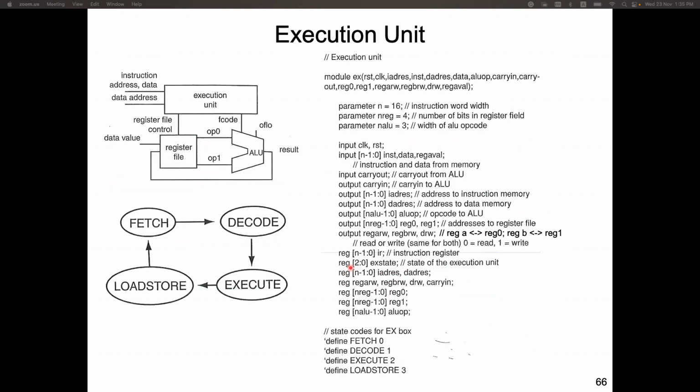Now, let's have a detailed look at this execution unit, the major control unit here. One module called execution has a long list of input and output ports. Let's go through them. The clock input, reset input, 2 wires.